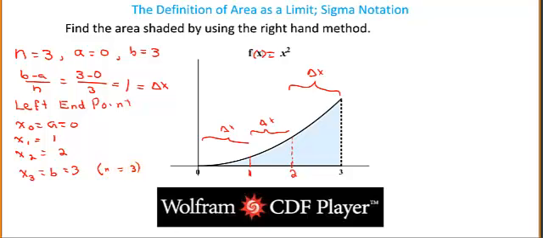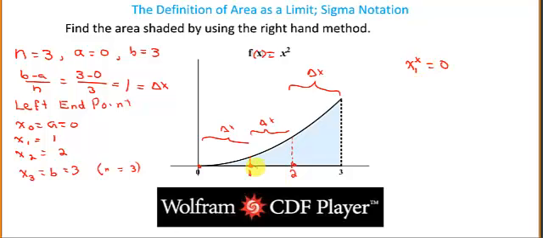Now, out of each of these subintervals, I'm going to select a point where I'll evaluate the function. I'm going to choose the left endpoint out of each one. I'll call the selected point from the first interval x sub 1 star, and that'll be 0.